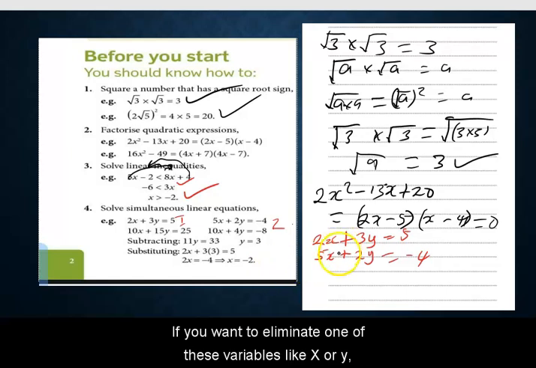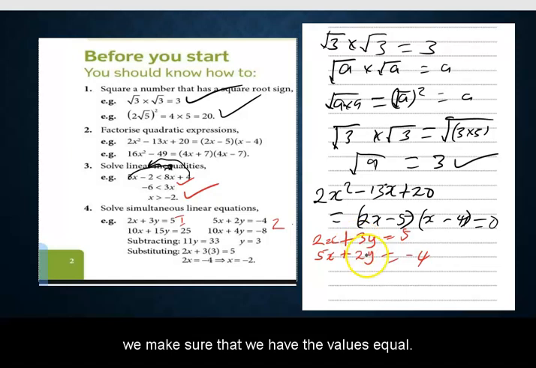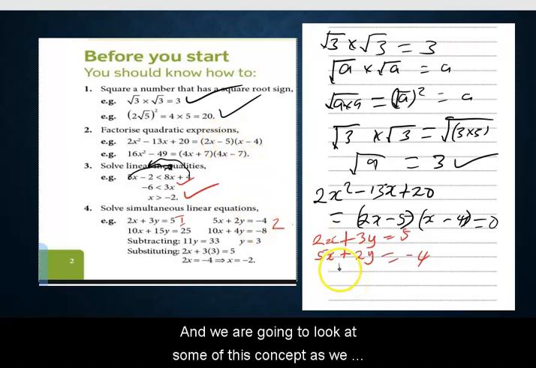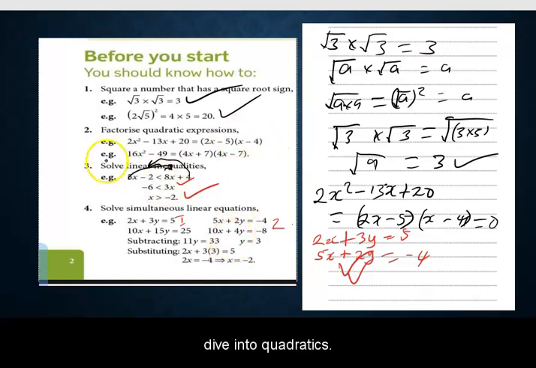If you want to eliminate one of these variables, like x or y, we make sure that we have the values equal. And this again, you did in IGCSE. We are going to look at some of these concepts as we dive into quadratics.